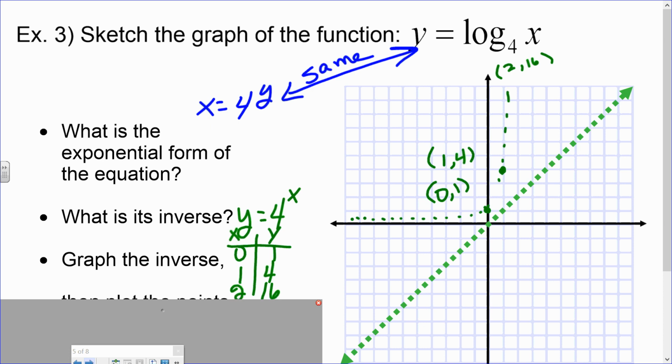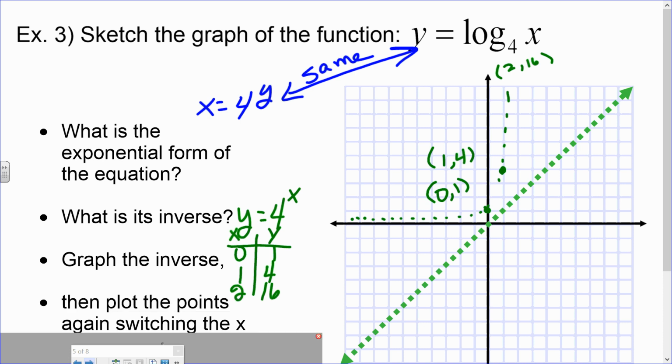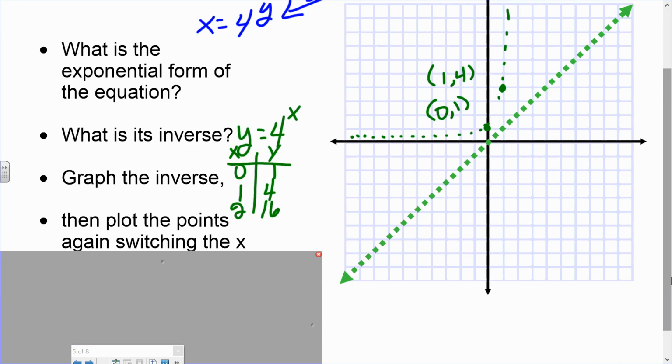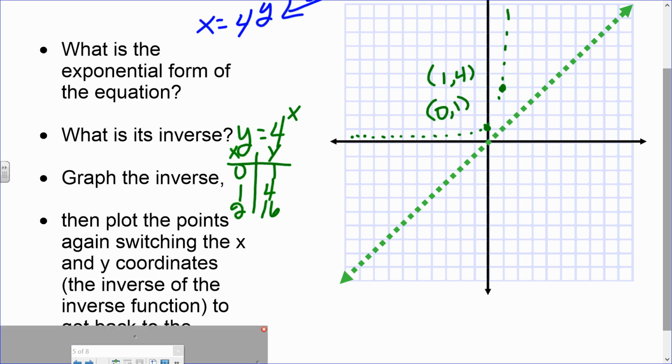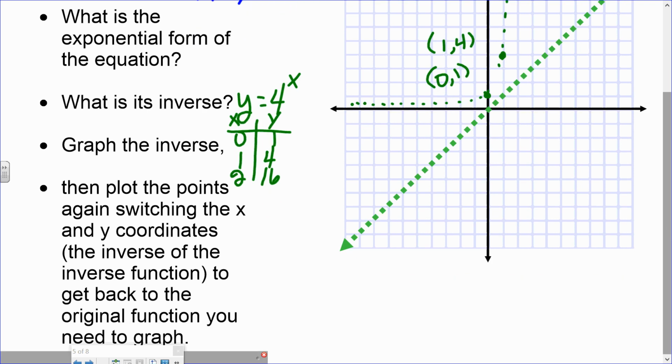Now I want to go back to what I'm really supposed to graph. So I want to go from y equals 4 to the x back to x equals 4 to the y. So I just need to switch my x and y again to go back to my original one. For my real function, I am going to switch the x and the y, which means I can switch all of these x, y coordinates.